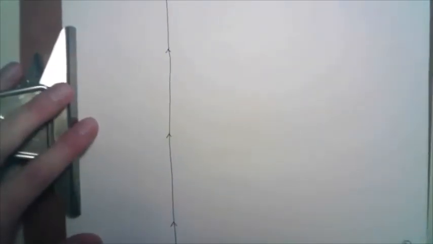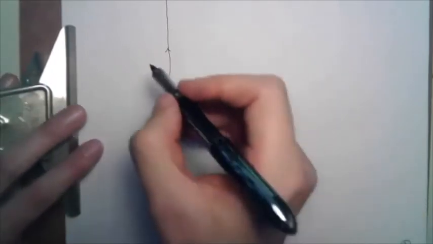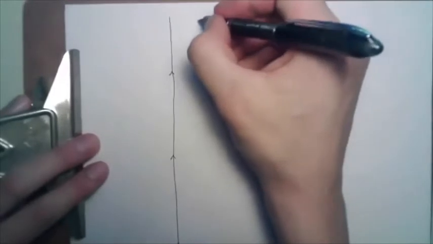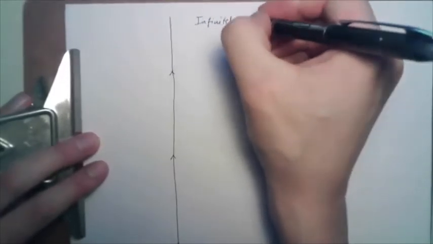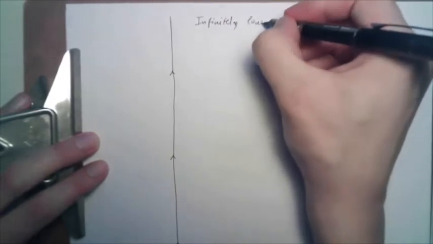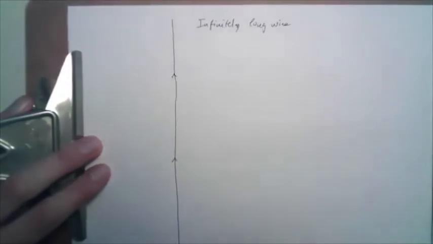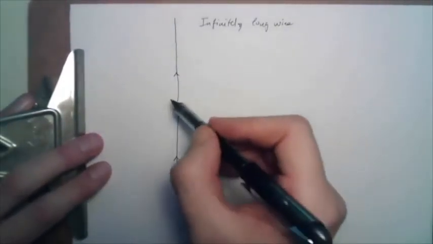And we know what the field is because we have already calculated it. If we assume that this is an infinitely long wire, we know that the field goes like 1/r, and the magnetic field lines go in circles around.